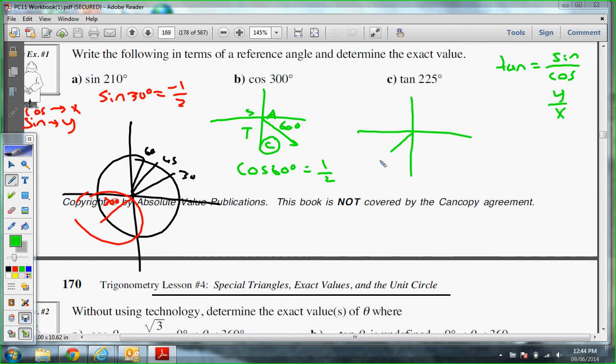So 225 is right here. 225 has a reference angle of 45, so we want to look at tangent of 45. Tangent of 45 is 1. But it's in quadrant 3. Is tangent in quadrant 3 positive or negative? Positive. That's my T in CAST, right? So this is going to be positive 1, so your answer is just 1.